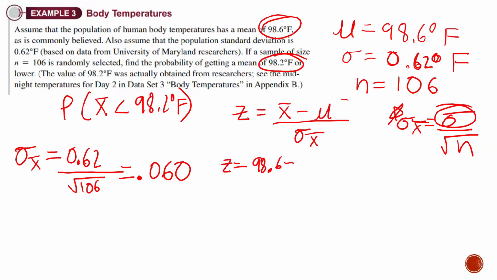So we're saying, what's the probability that a sample has a mean of 98.2 or less? To know that, I have to know how different 98.2 is from 98.6. So to do that, I subtract and I divide by the standard deviation, but the standard deviation is the standard deviation of samples of size 106, not, you know.